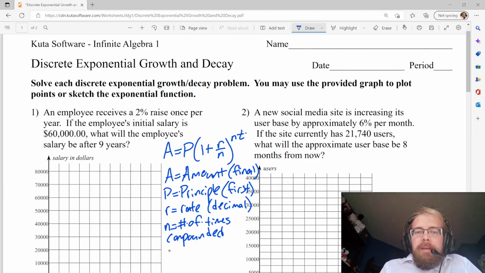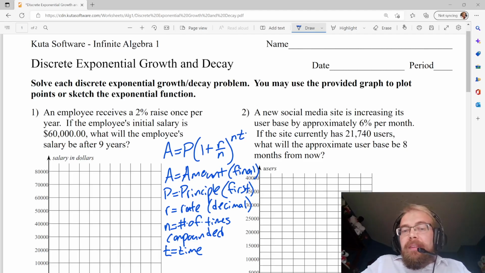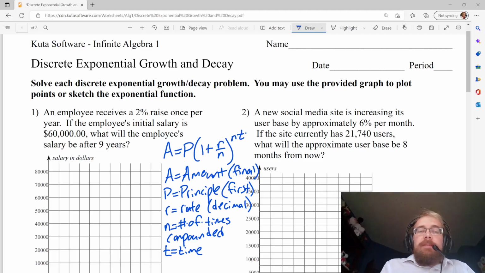T is for time, which is normally in years, but if T was in months, then N would be the number of times that you compound in a month. So N depends on T a little bit. N is the number of times you compound in whatever the unit for time is. Normally time is in years, but it doesn't have to be, which, spoiler, is going to be one of the questions on this worksheet. But there are all the different letters and what they mean.